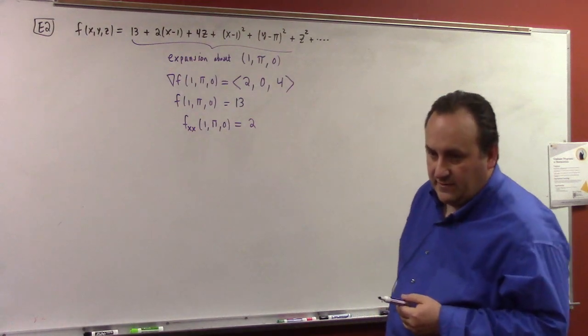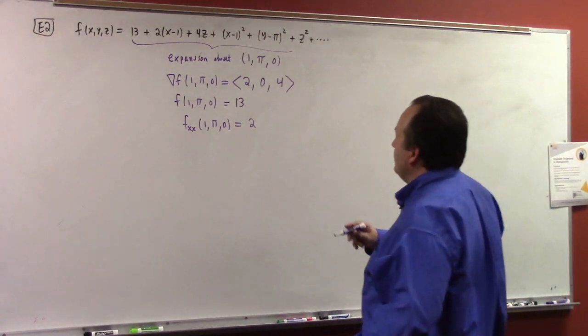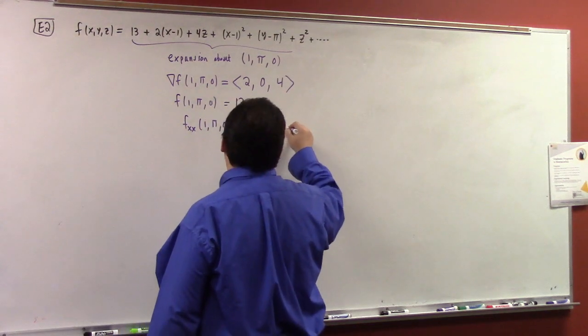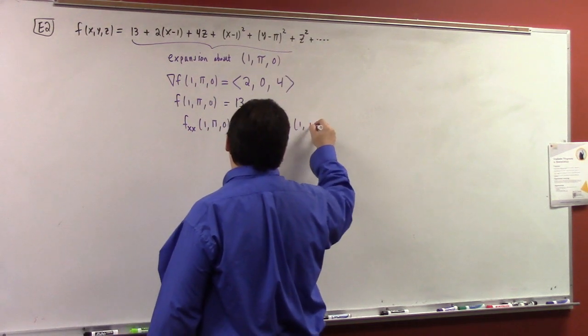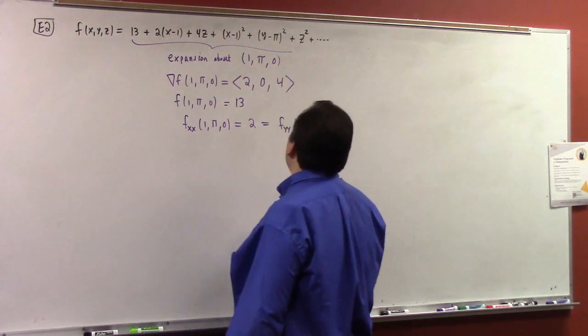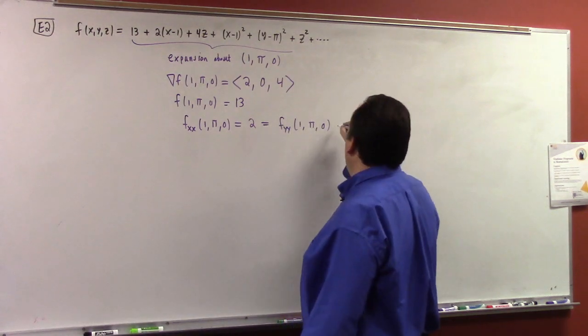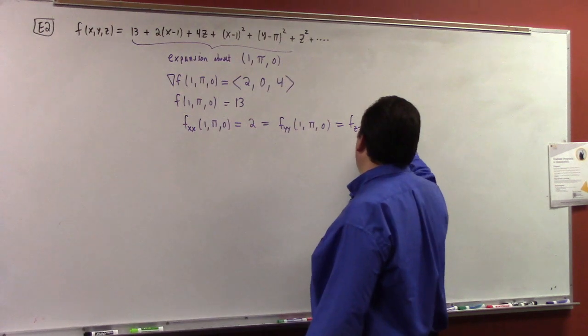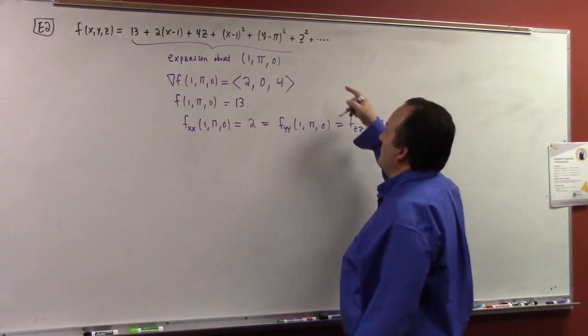Likewise, that's also equal to fyy at the point of expansion, and it's also equal to fzz, because I made the coefficient of all of those 1.